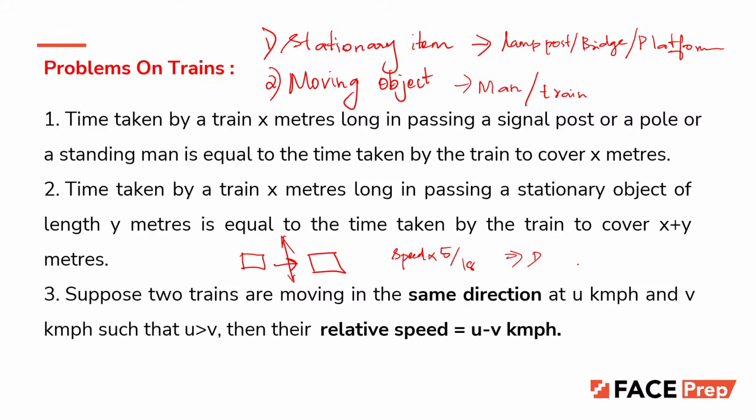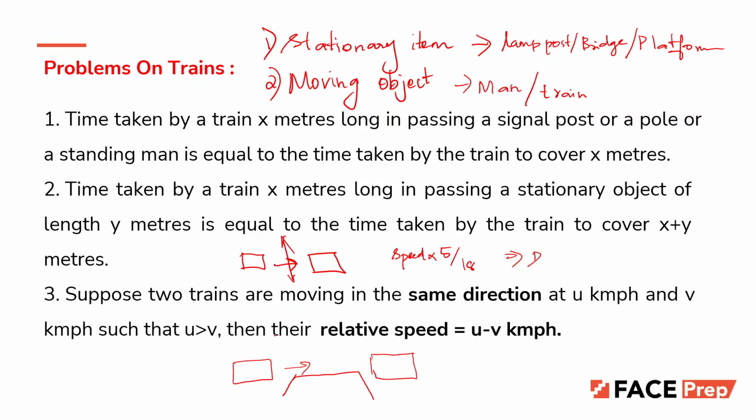Okay, but when it comes to any bridge or a platform, here my distance should change, because if that is a platform or any bridge, if there is a train here, this train entirely should cross the bridge or the platform. So the total distance has to be taken as what?